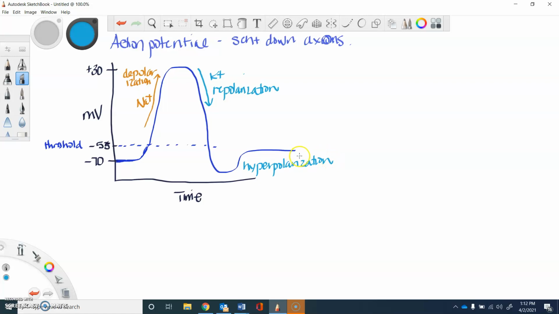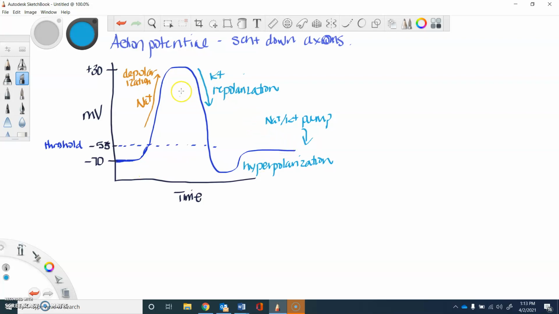So the membrane gets a little bit too negative. It gets below -70. And then we have the sodium-potassium pump to bring it back to resting at -70 millivolts.